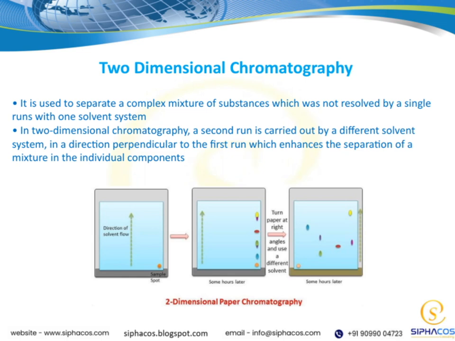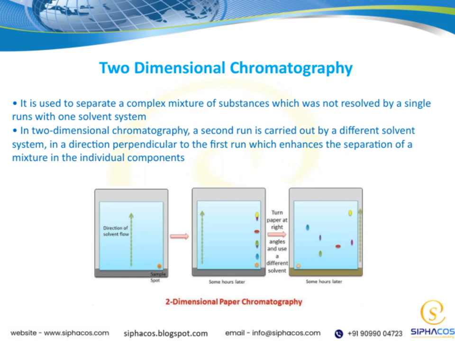This means we change the direction of separation, which helps to improve the overall resolution. By doing this, each component of the mixture gets a better chance to be separated from the others, making it easier to identify and analyze each one. This approach really enhances our ability to resolve complex samples, connecting to the overall theme of improving analytical precision in chromatography.